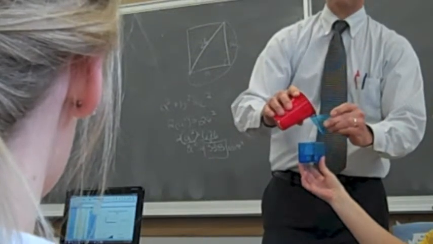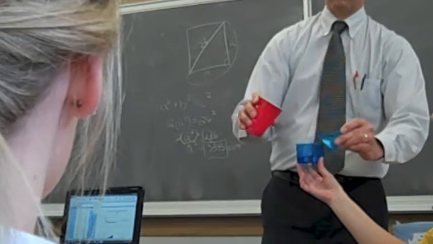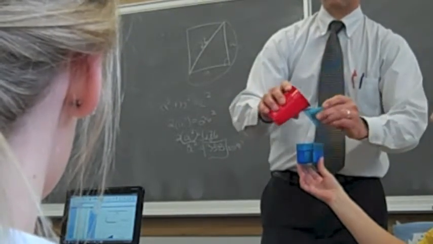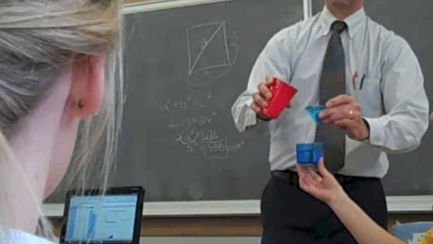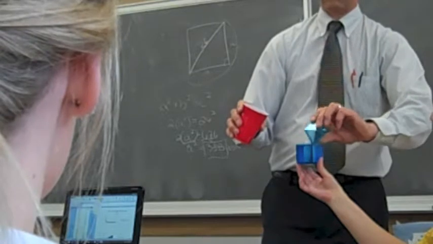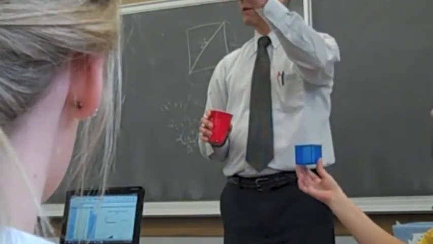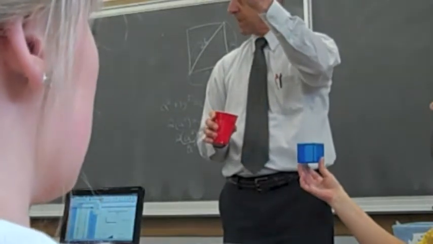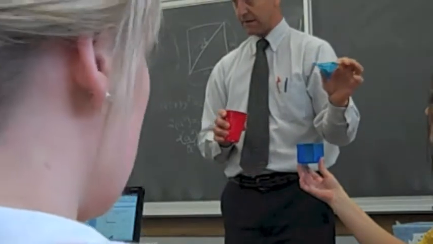Let's try it. Let's pour it in. And a third. And it appears that a pyramid holds a volume a third of the prism that would have contained it, with the same base area and same height. Does that make sense? Pour that back in.